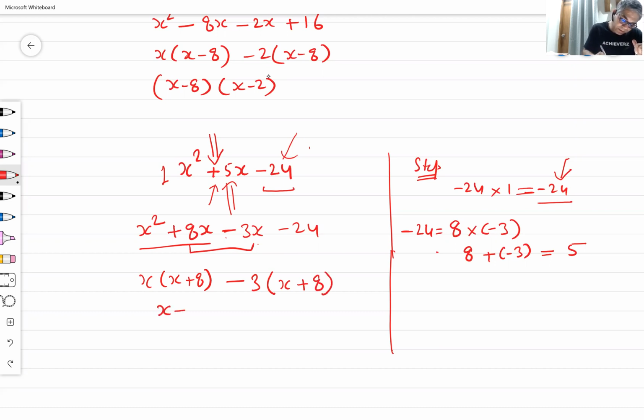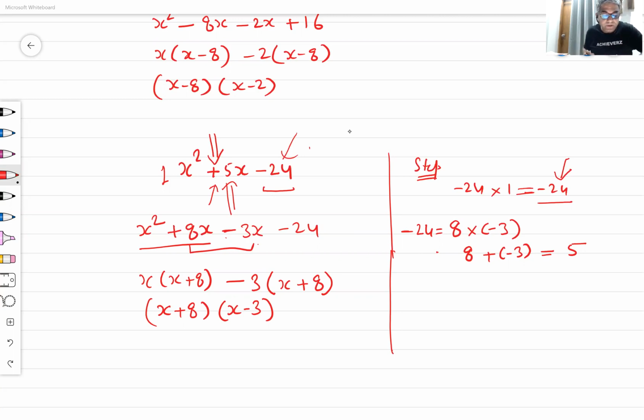So this becomes x plus 8 and x minus 3. Now please tell me all of you if it is clear to you. Say yes or no. Yes, Herschel, done. Very good. One done. Clear. So now you all are smart, I know.